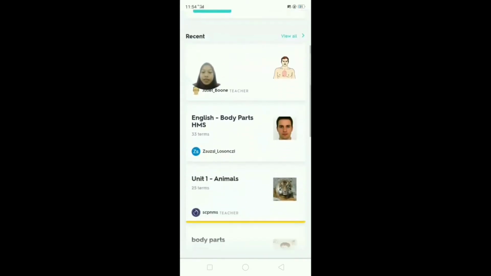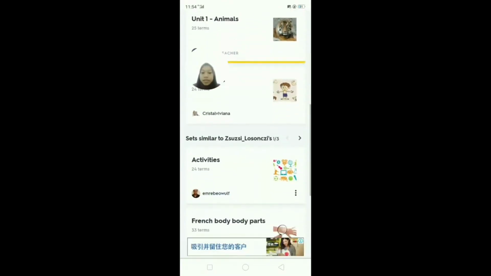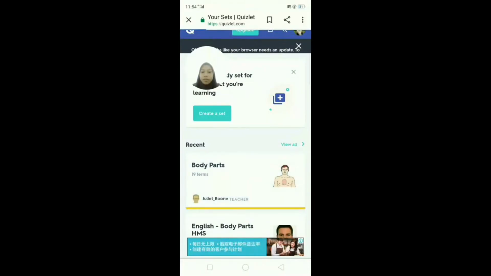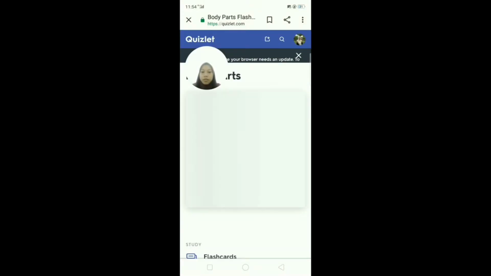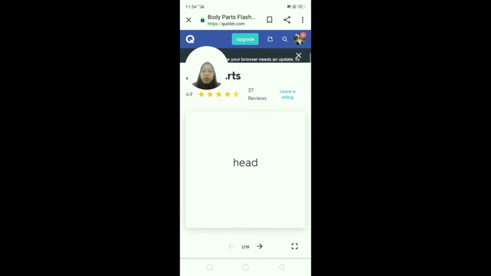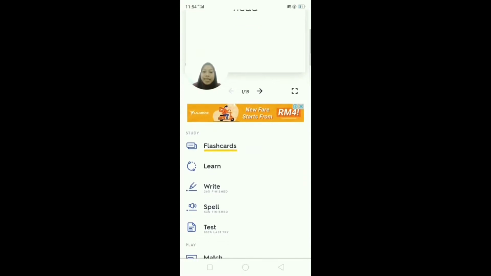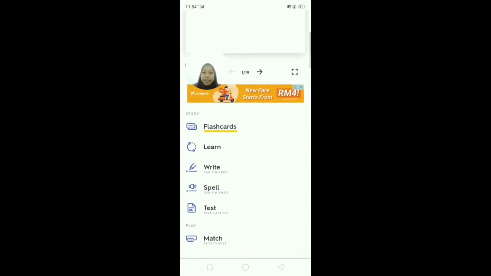There is a lot that you can learn from Quizlet. When you go to a set, you can see the Study and Play Mode buttons.